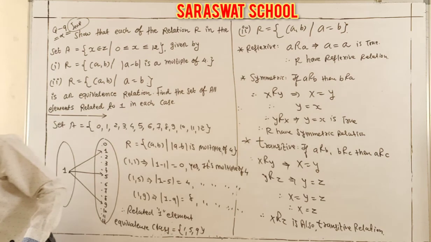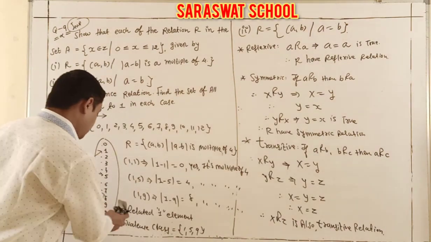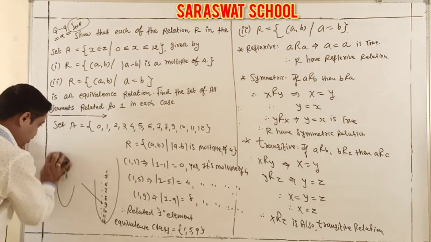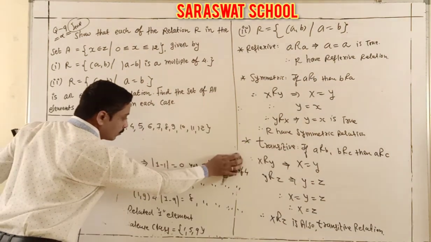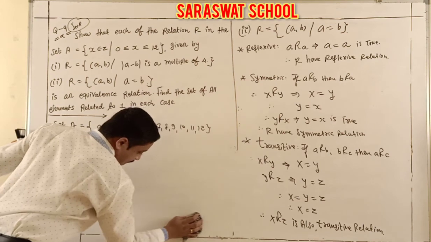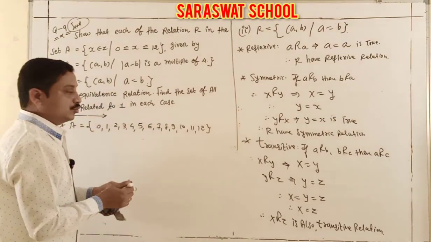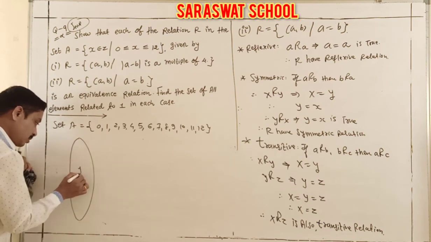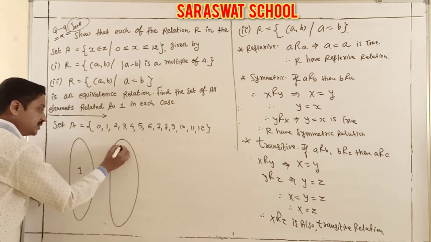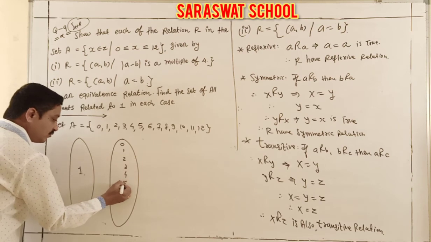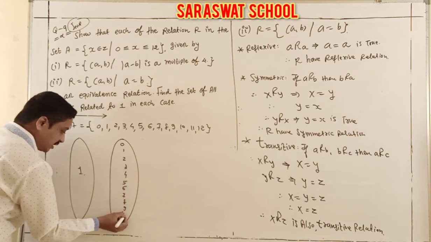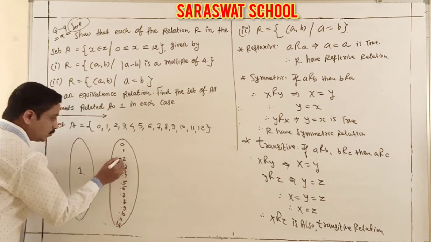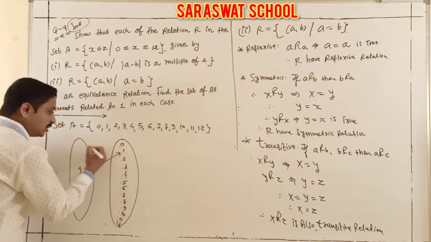Now after that, asked to find the set of all the elements related to 1 in each case, then I go to our interval form. These are equivalence classes. Students, this numerical is the same, only the drawing is changed. Because I want to set the same, here I set 1. Here also the same, all examples 0, 1, 2, 3, 4, 5, 6, 7, 8, 9, 10, 11 and 12 with all values. Here 1 to 1 relation only.